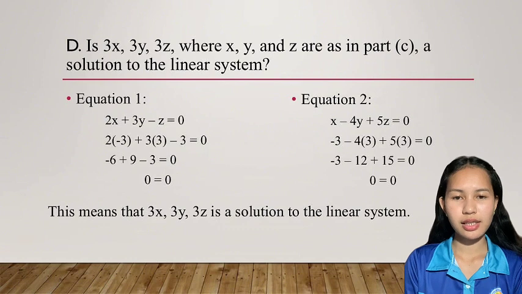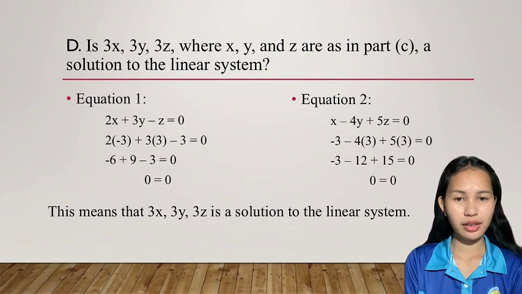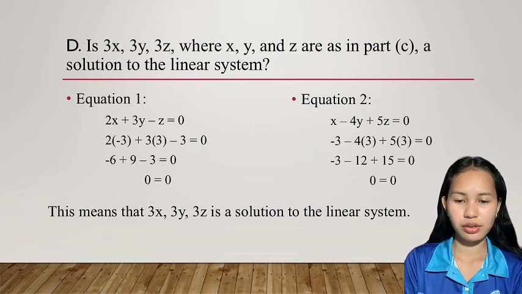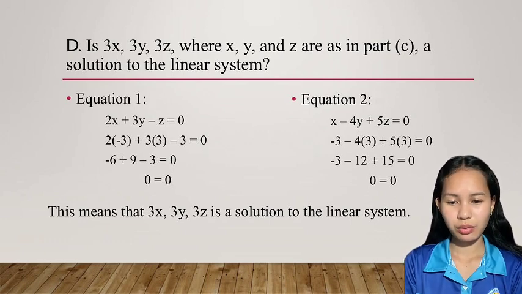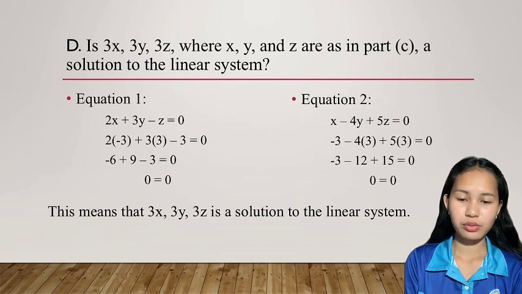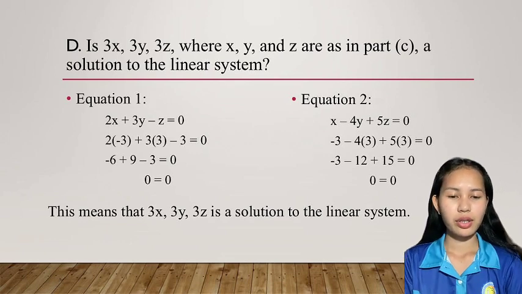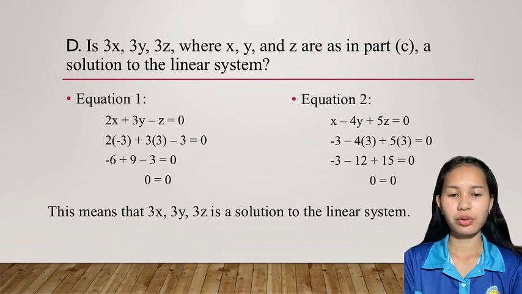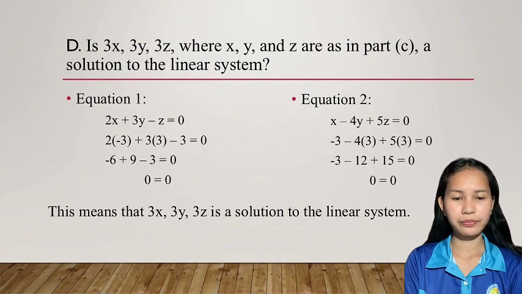So negative 6 plus 9 minus 3 becomes 0. So 0 equals 0, which means it is true that negative 3, 3, and 3 are a solution to the given equation.